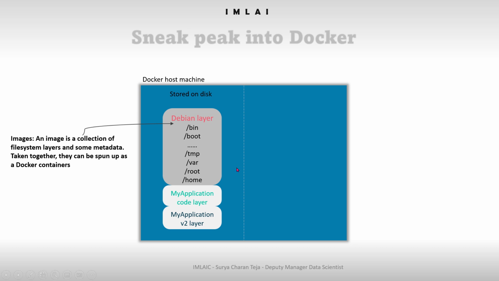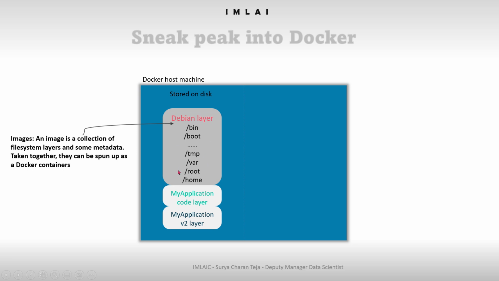These are the simple definitions of a container and an image. An image is a collection of file systems, layers, and some metadata taken together, so it can be spun up as a Docker container. A Docker container is nothing but running the services, systems, and commands that are defined inside the image.